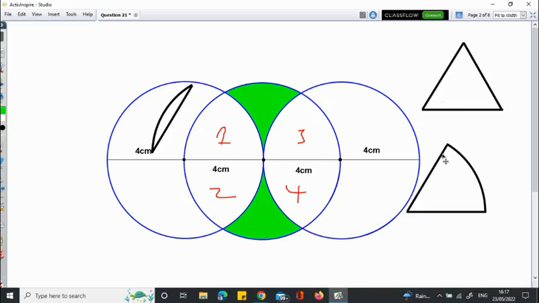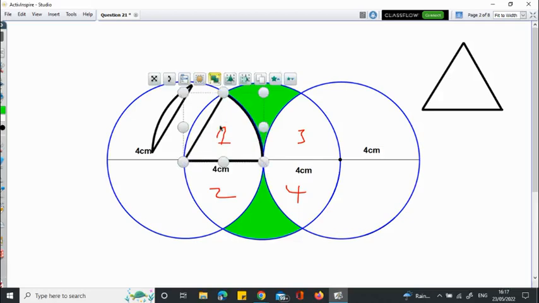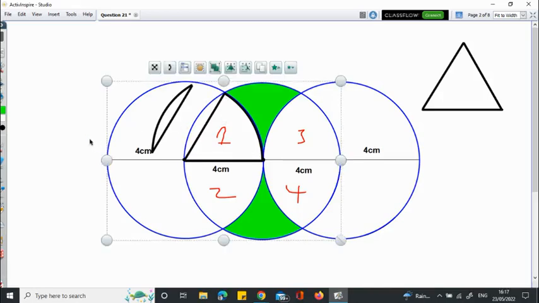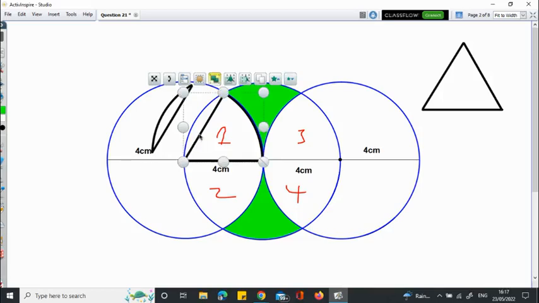Very important. And the same with this. This length here is 4, this length here is 4, therefore the angle of this segment or sector is also 60 degrees.